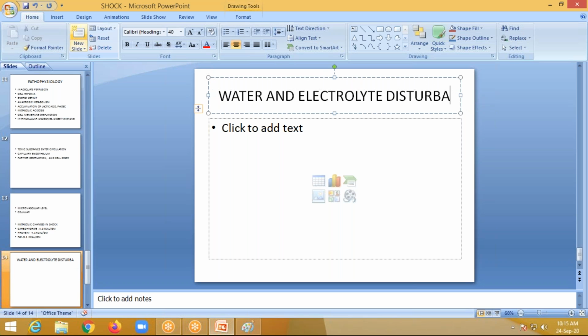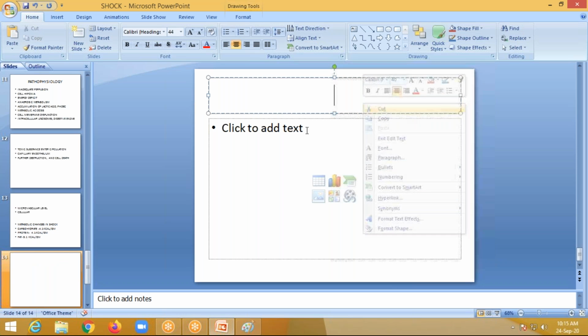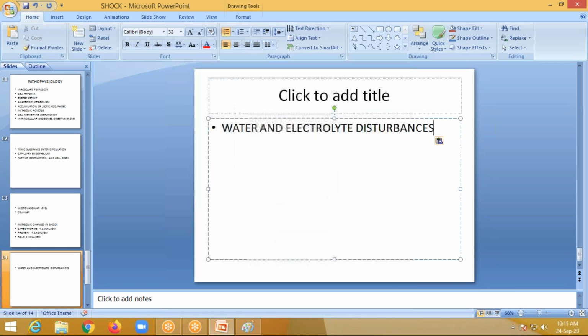So dehydration and everything will be there. These also occur in water and electrolytes in shock due to failure of the sodium-potassium pump, which causes cellular swelling due to edema.